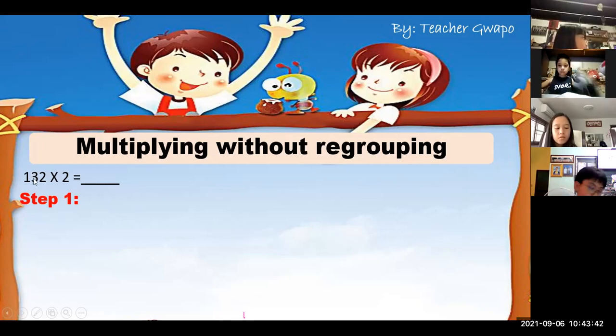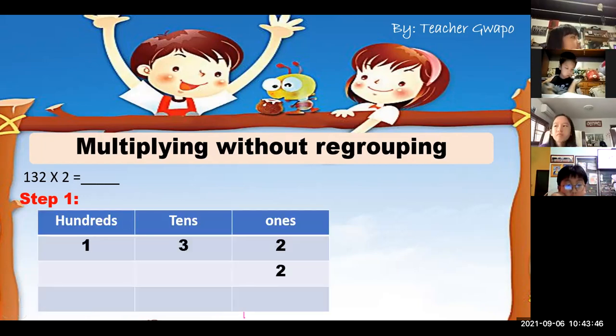Different numbers. So step number 1 here, we need to identify the ones, tens, and hundreds. So as you can see here, 132, 2 is in the ones place, 3 is in the tens place, 1 is in the hundreds place. So 1, 3, 2. 132 times 2.